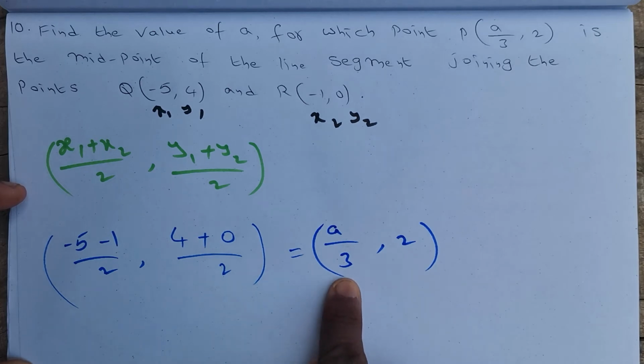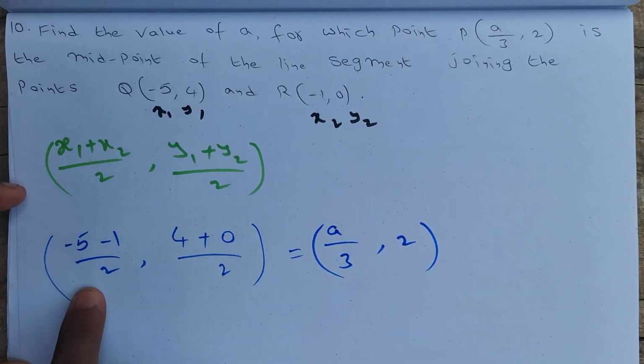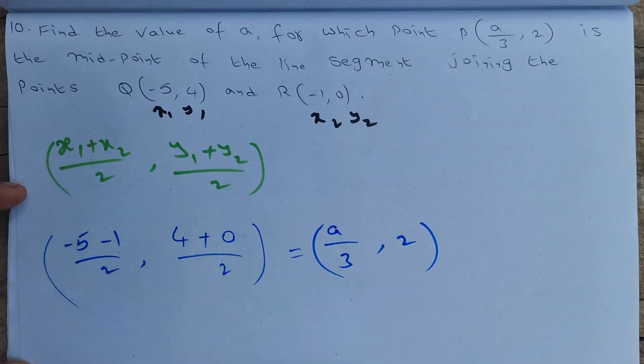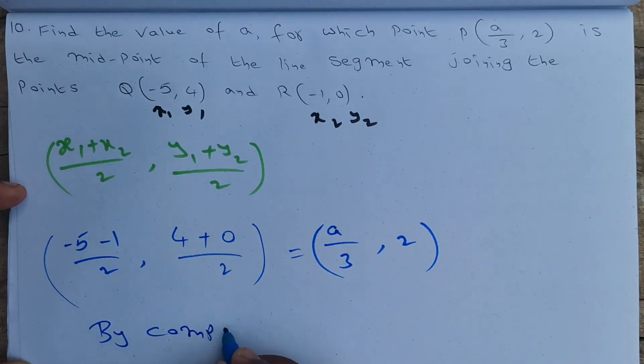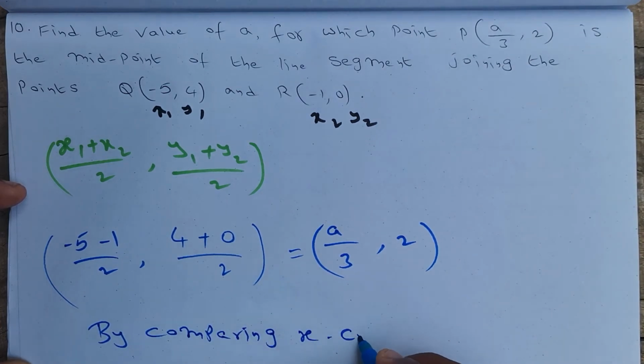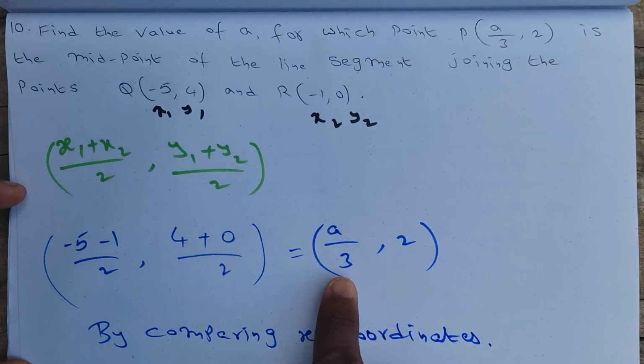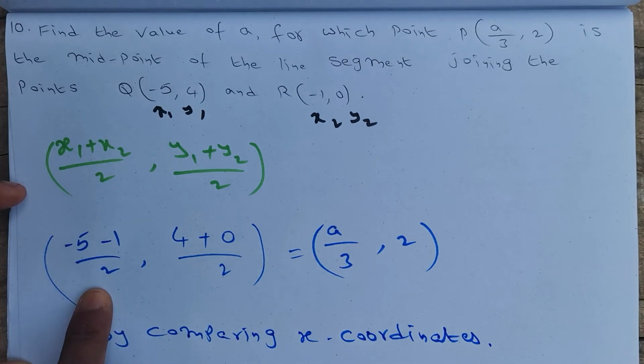Here A/3 is the first coordinate. So we compare the x coordinates, because the alphabet A is in the first coordinate only, that's why we compare with the first coordinate only.